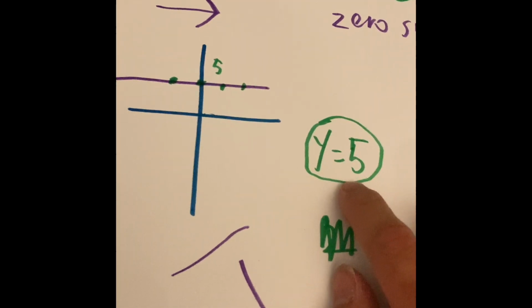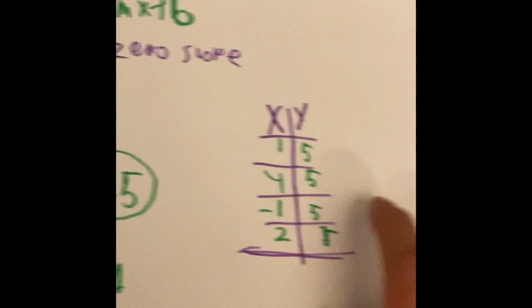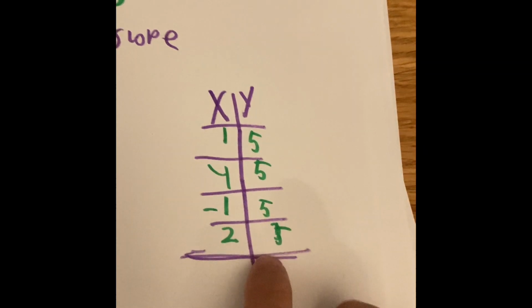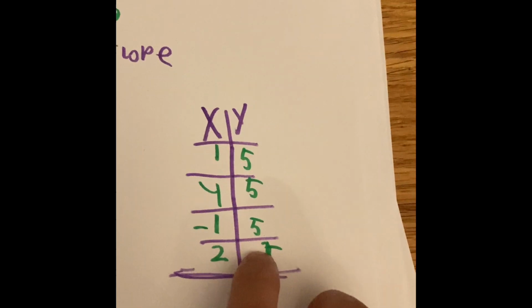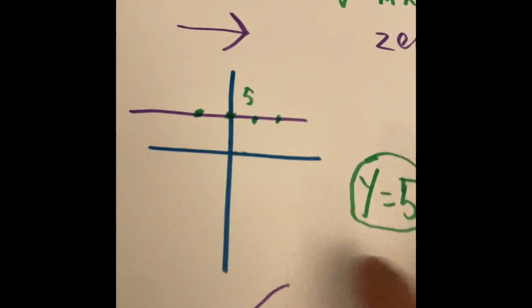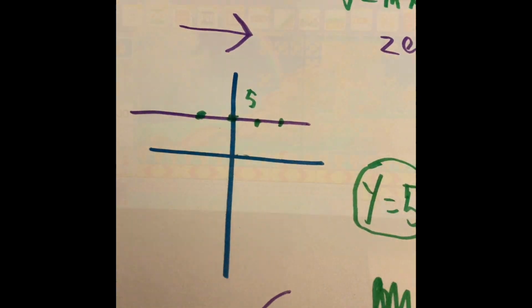That can be an example where everything on a zero slope must be that number for y. And here's an example in Super Mario Maker of a zero slope.